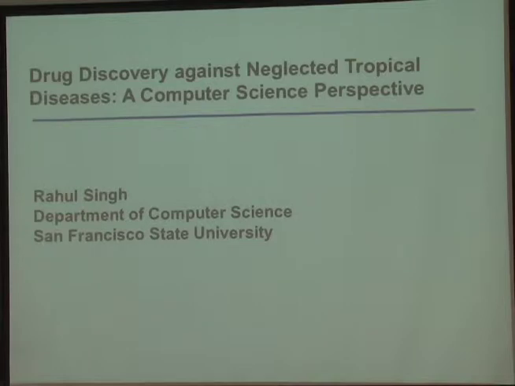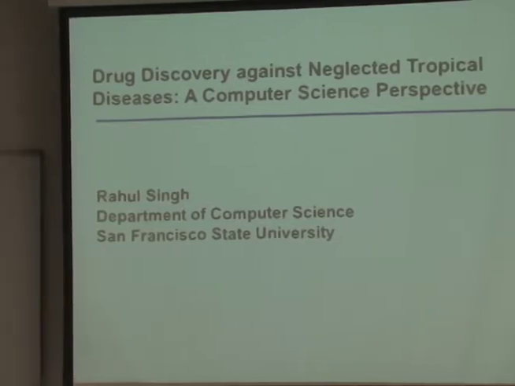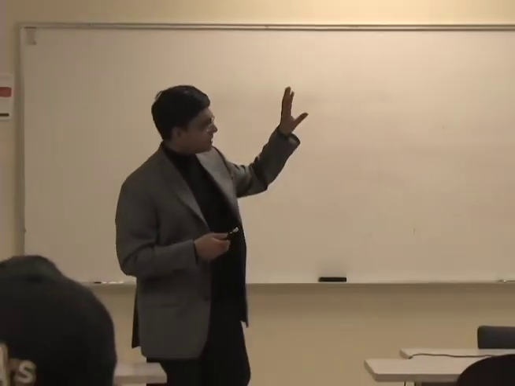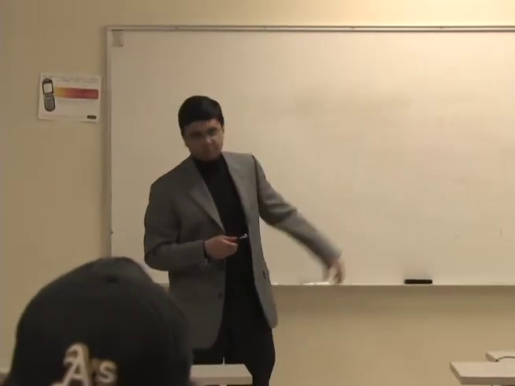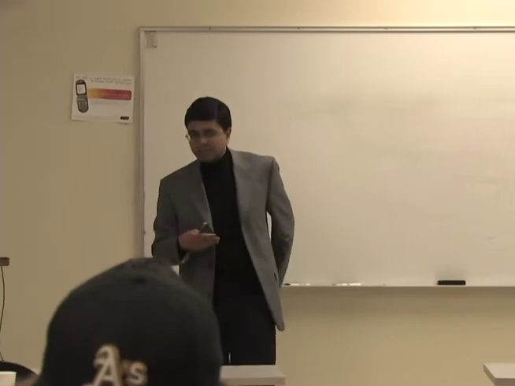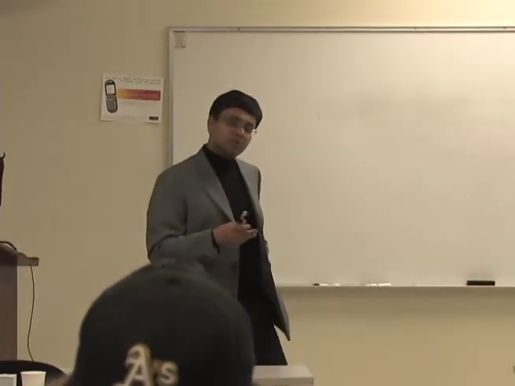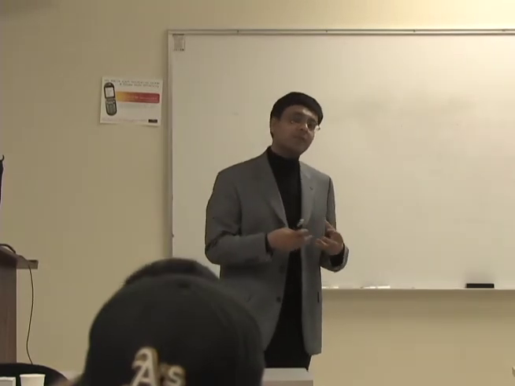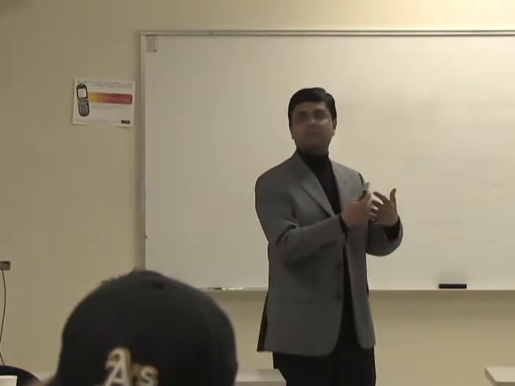So actually, if you look at the future, it is quite possible that science education and scientific research is going to be organized in manners very different than how, for instance, I was taught when I was a student. And hopefully, through this talk, you will get some insights into how the barriers between classical disciplines are breaking down and new sciences are occurring really at the interface of disciplines.